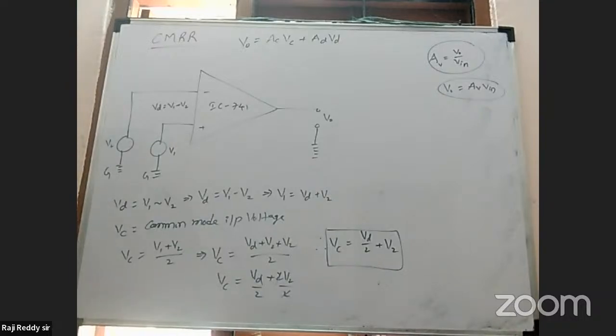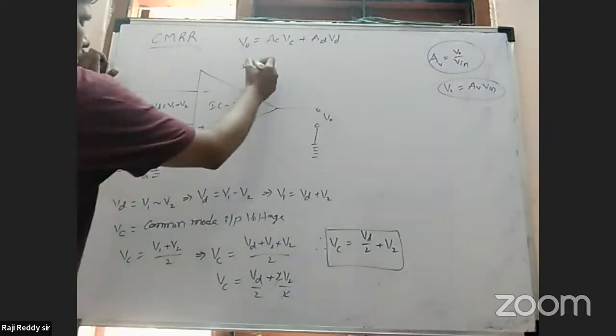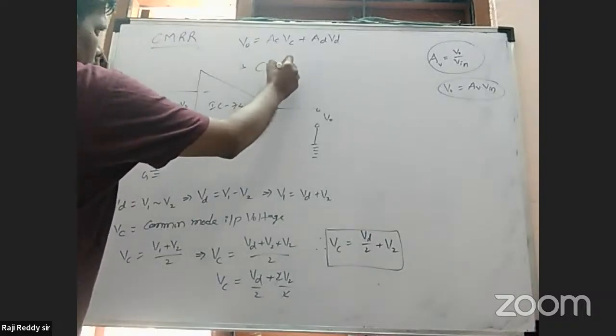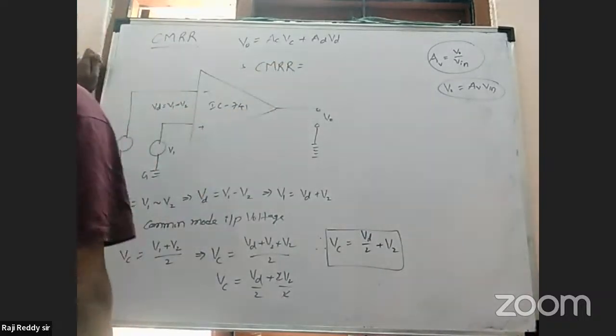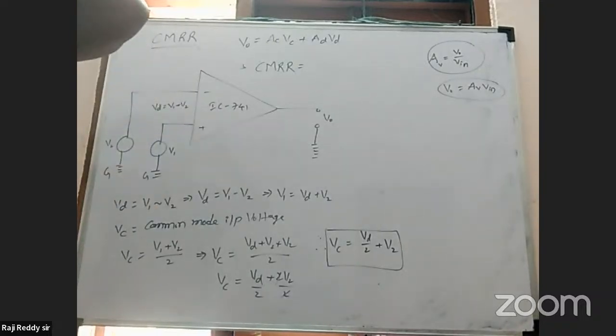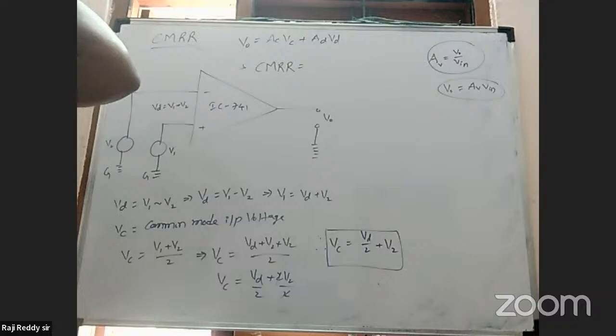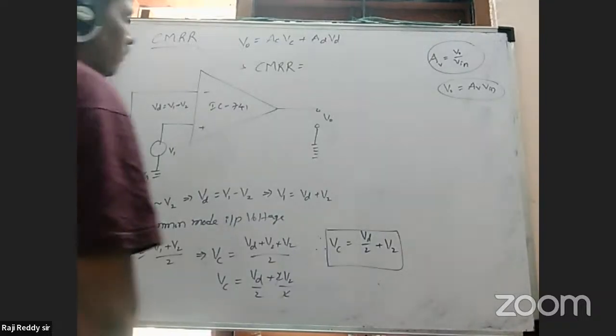Common mode rejection ratio is defined as the ratio of the difference voltage gain to the common mode input voltage gain.